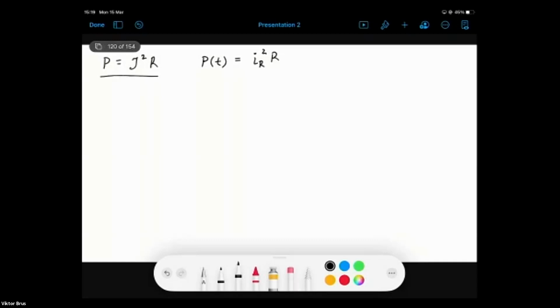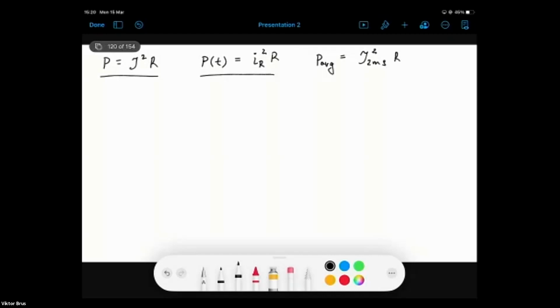So we want to find some average power which is delivered to the resistor in such an alternating current circuit in the scope of one period. And then we want to represent this average power with some RMS electric current, which is the equivalent of DC electric current, squared times the same resistance.